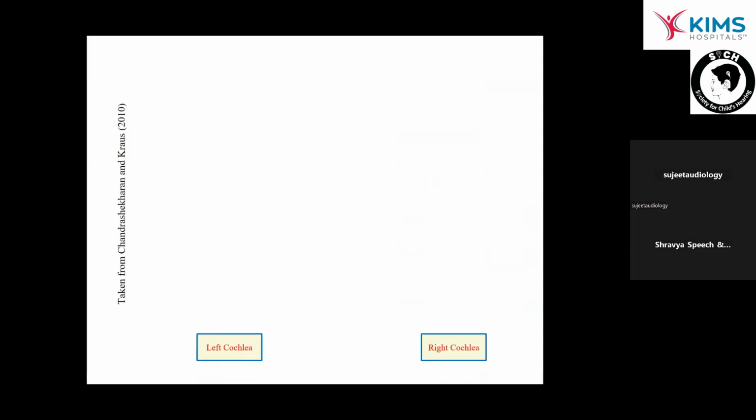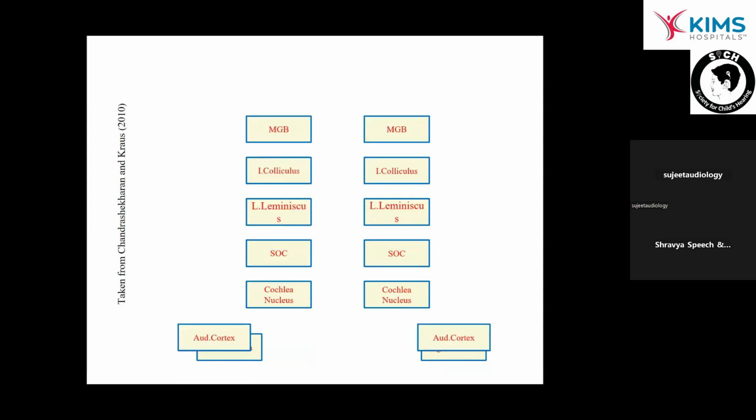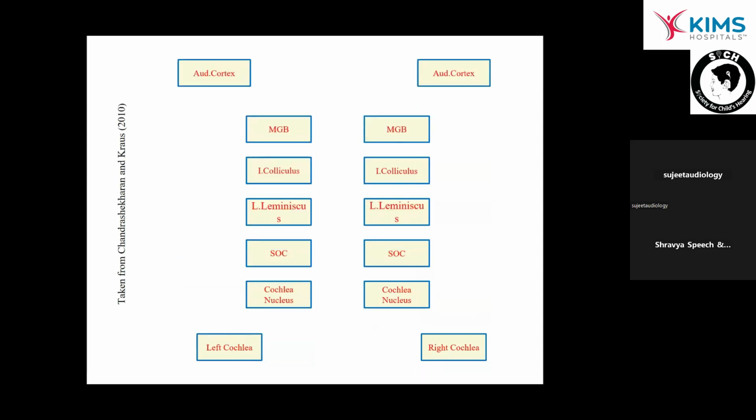So the next thing you have to understand is the central auditory nervous system. It is very important for you to understand the central auditory nervous system. Now, this is what you have learned till date: we have the cochlea in the inner ear, then the next station is the cochlear nucleus, then the superior olivary complex, lateral lemniscus, inferior colliculus, medial geniculate body, and the auditory cortex.